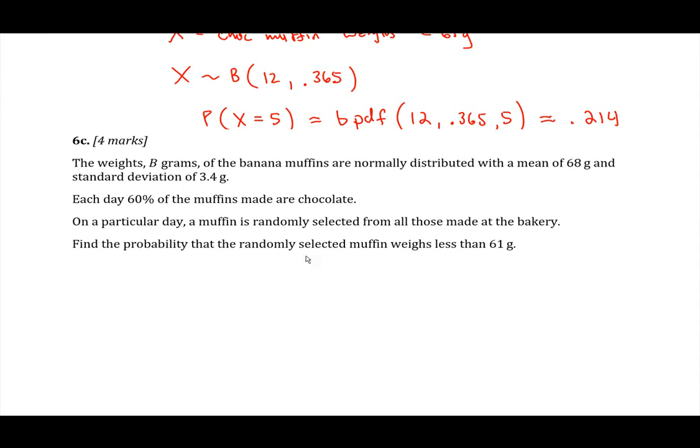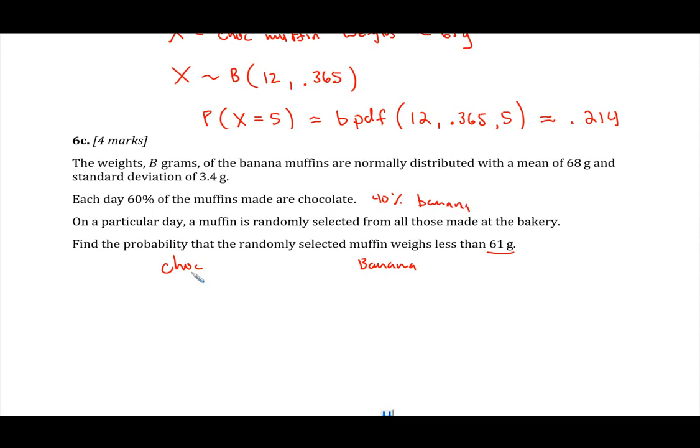Okay, so basically we have two types of muffins: chocolate muffins and banana muffins. We're trying to find the probability that the randomly selected muffin weighs less than 61 grams. If 60% of the muffins are chocolate, we know that 40% are going to be banana.